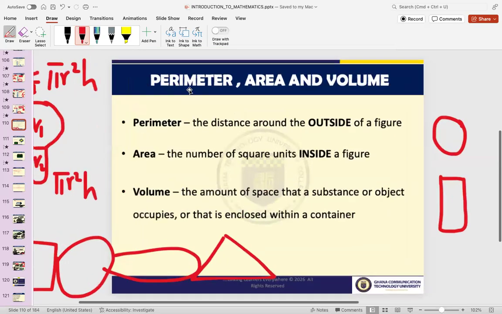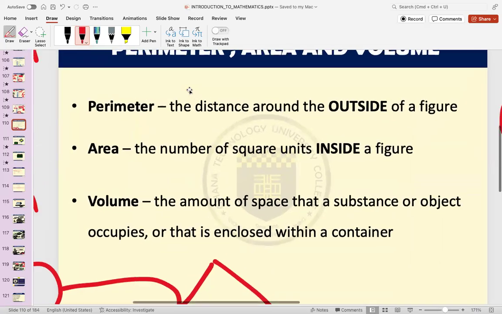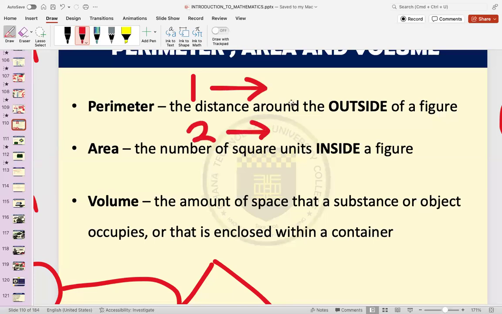So if you don't even understand what we have done today, just remember that perimeter is one direction, area, two directions, and then volume, three directions. That's all. This is what is controlling every shape.